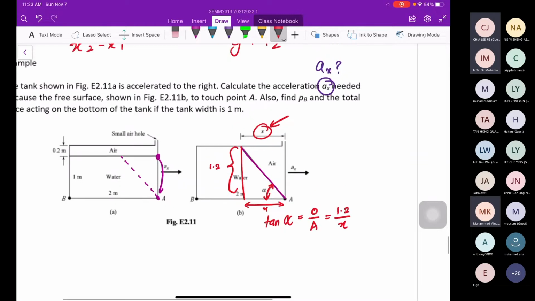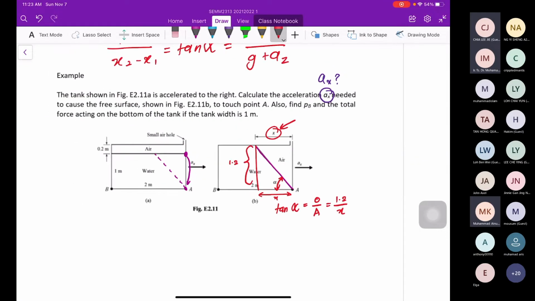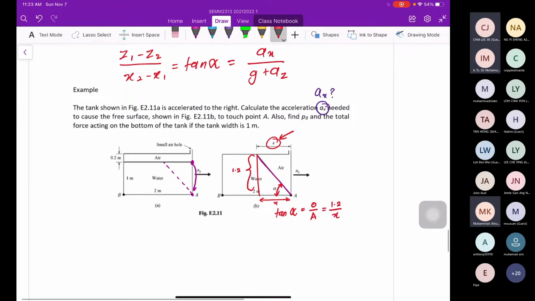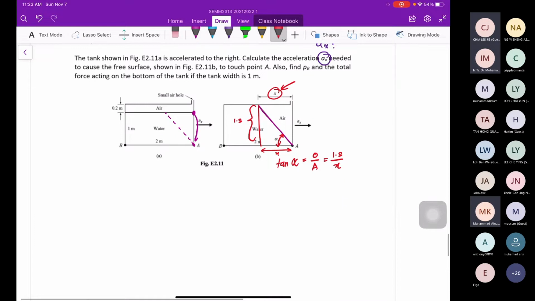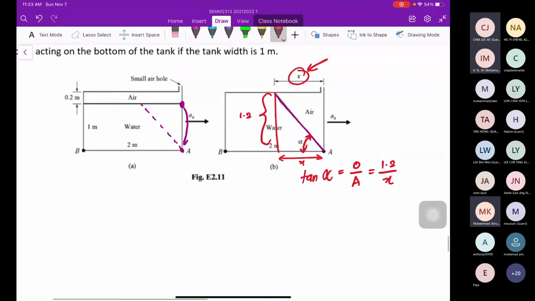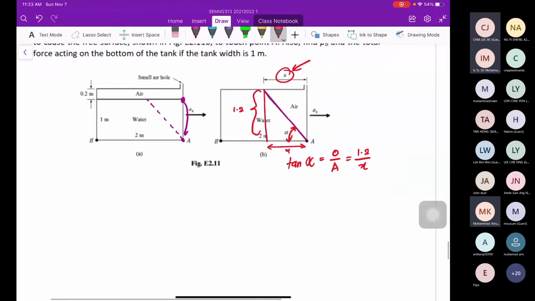So how to get the x? We can use the ratio of initial and final, of the volume. For example, this is the volume. Let me try to delete this one to make it easier.